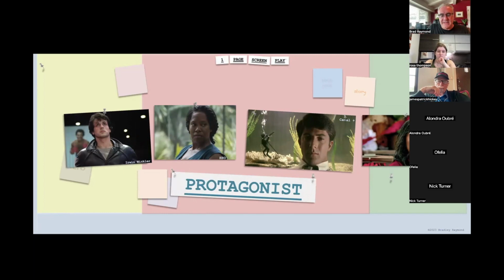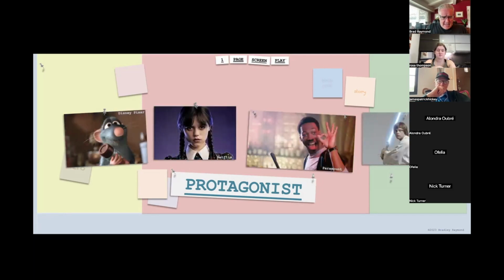That's what a protagonist has to be: a flawed character that transforms and changes by the end of the story. And these four characters, Remy from Ratatouille, Wednesday from her show, Axel Foley from Beverly Hills Cop, and of course Luke from the first Star Wars, are all not protagonists.